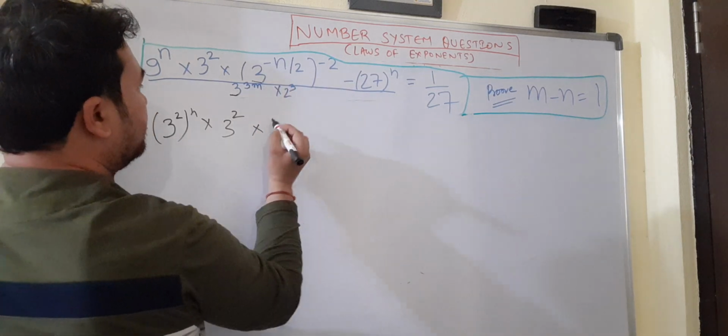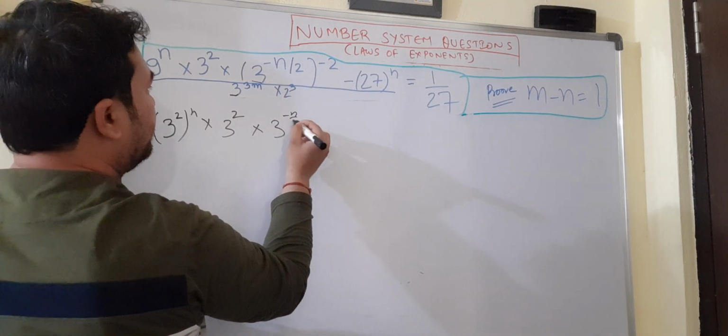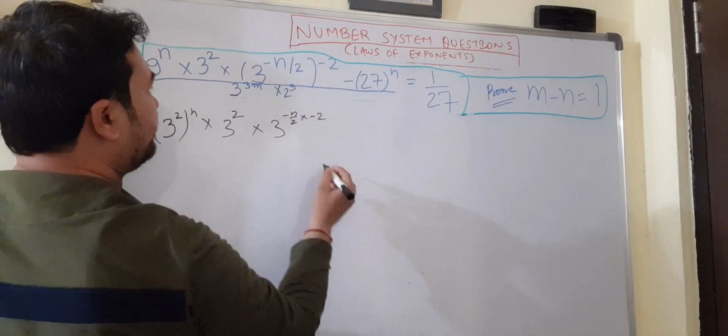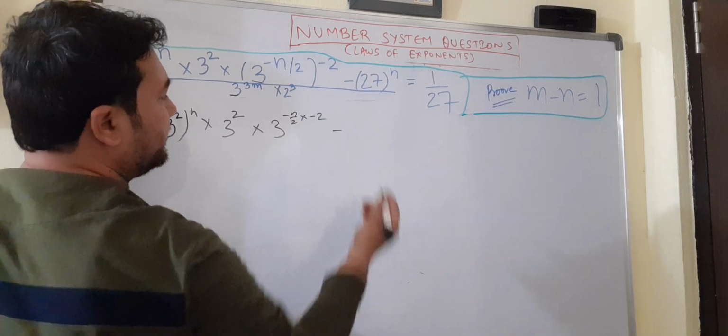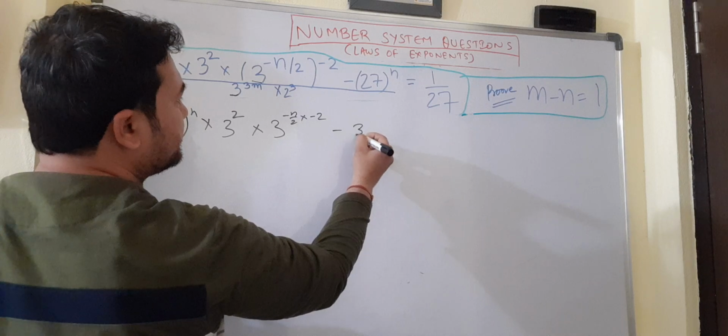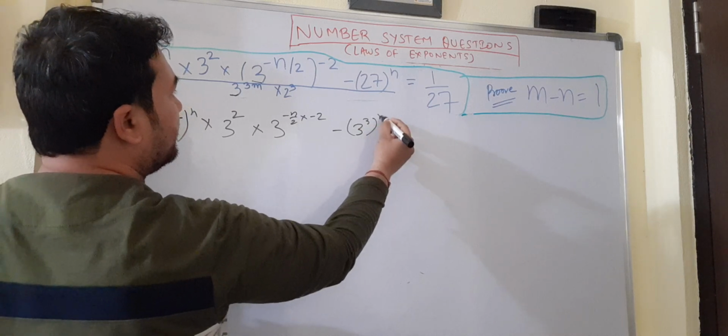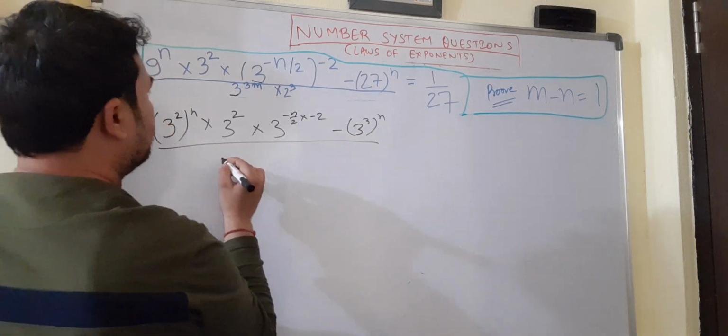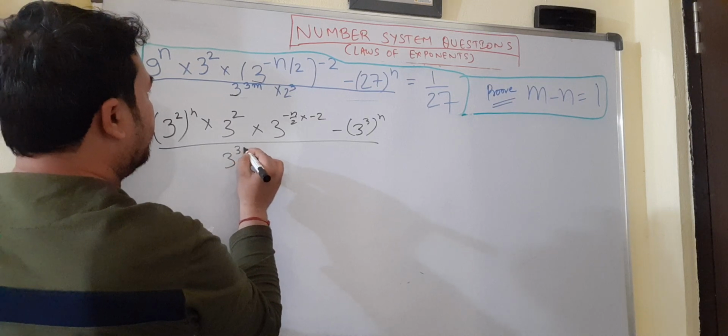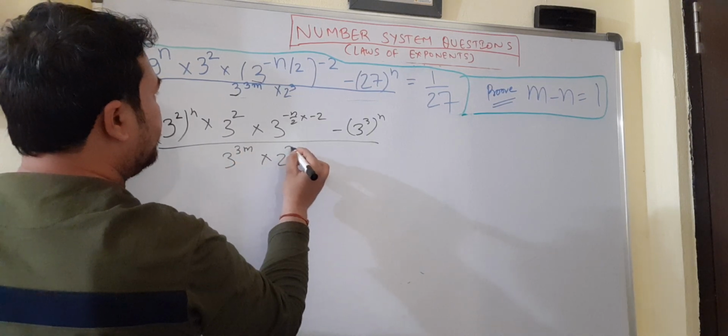Now power of power, we will multiply minus n by 2 into minus 2. Minus 27 can be written as 3 times 3 is 9, times 3 is 27, it is the cube of 3, and this is 3 to the power 3n into 2 to the power 3.